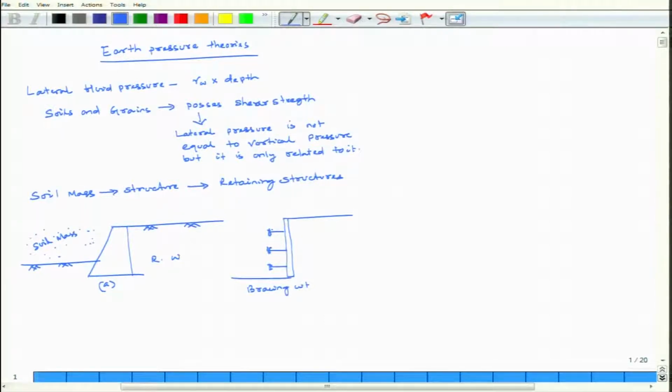This is our braced cut. In a braced cut, what happens? It is generally used particularly in tunneling or underground structures. If you go below this braced cut, this side is your soil mass. Then anchored sheet piles.